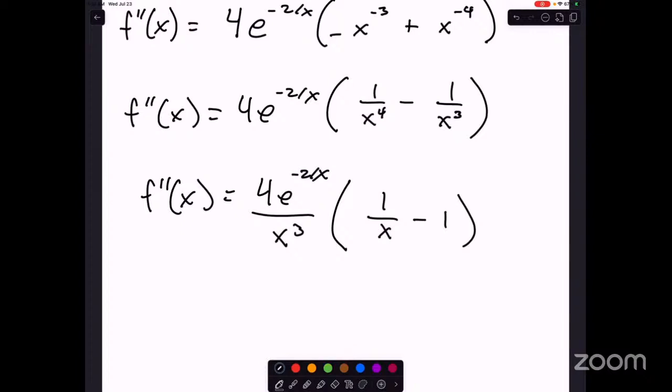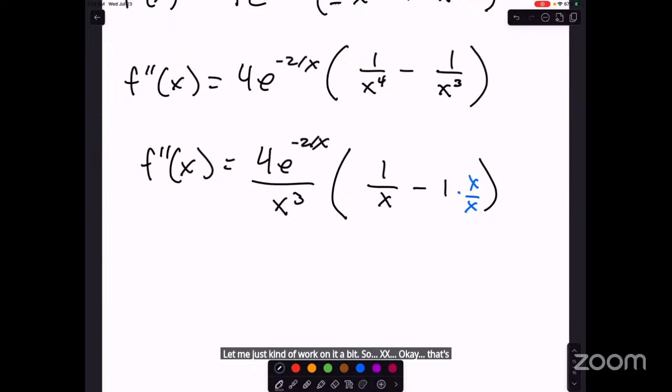Let me see. Now I'm thinking of, let's condense it, just to work on it a bit. So x, that's going to be a 1 minus x.